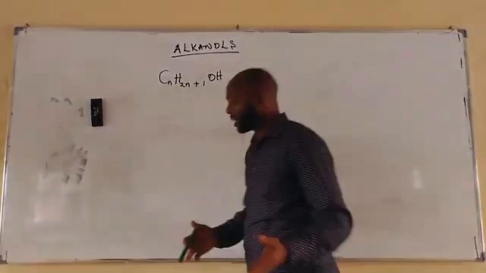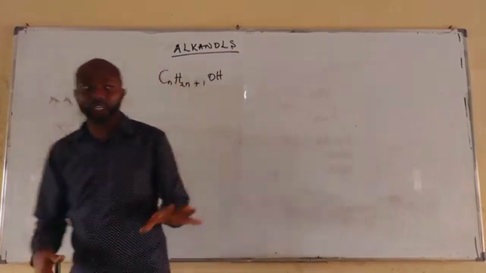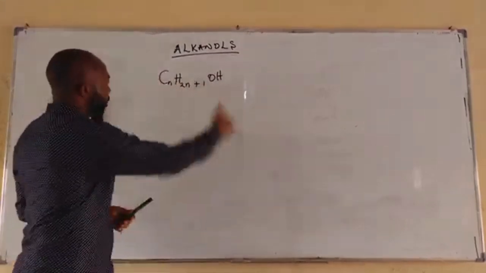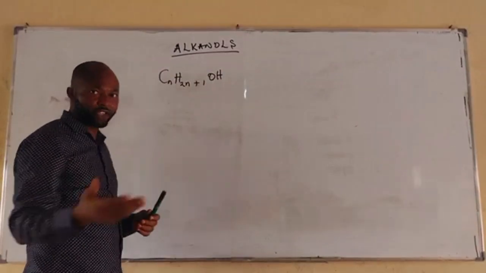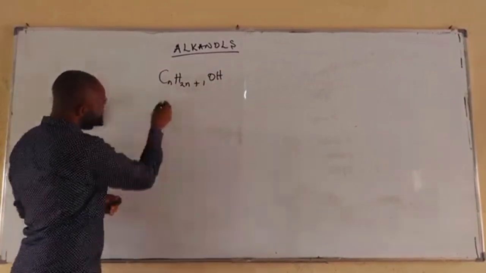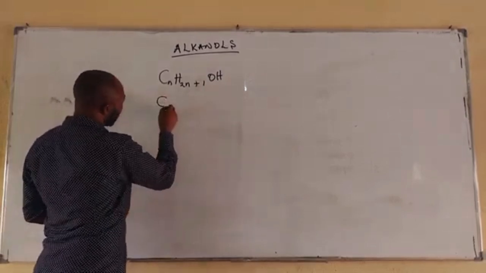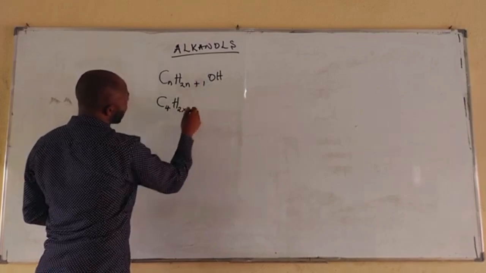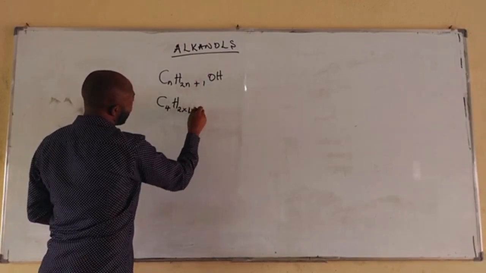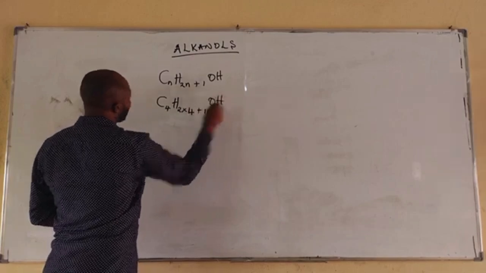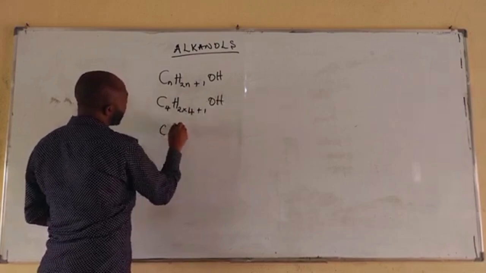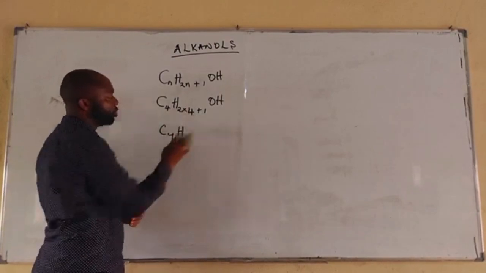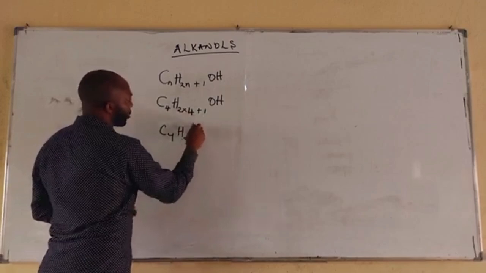So let's say if n is 4, which is butanol, then I want to know how many carbon and hydrogen atoms there are in butanol. I'll be having C4H(2 times 4 plus 1)OH, which is C4H(2 times 4 is 8, plus 1, 9)OH.